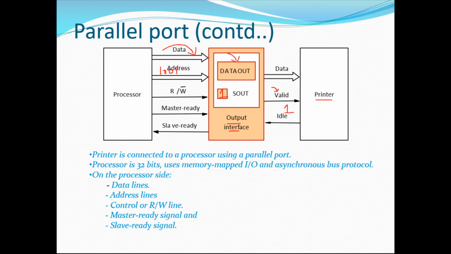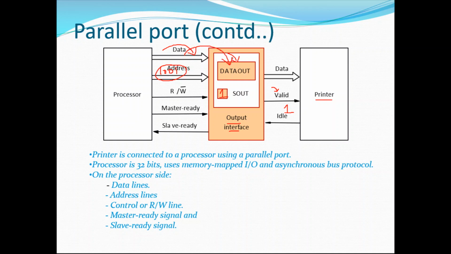Now, once the data is placed, all the IO devices will start checking whether this address is equivalent to theirs or not. This particular interface circuit will identify that yes, this address matches one of the IO devices connected with it. Then it will collect this data and keep it in the data out register.